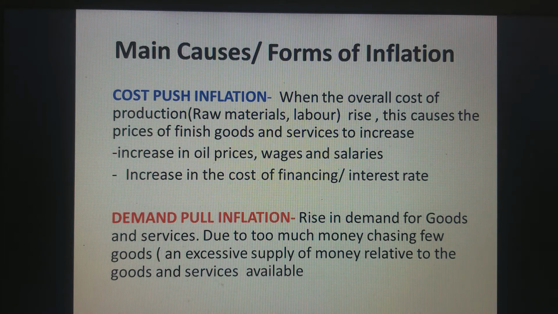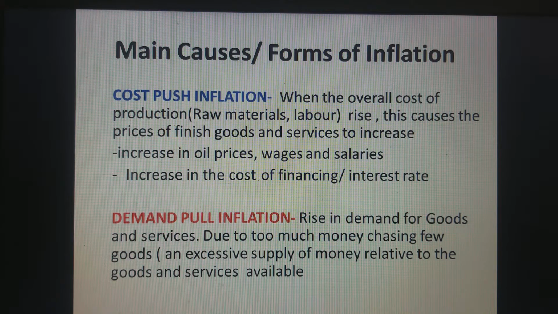And when the cost goes up, the producers will want to retain their profit margin. So they are going to raise the price of the goods and services. And that now increases the cost of financing, and it also increases interest rates.